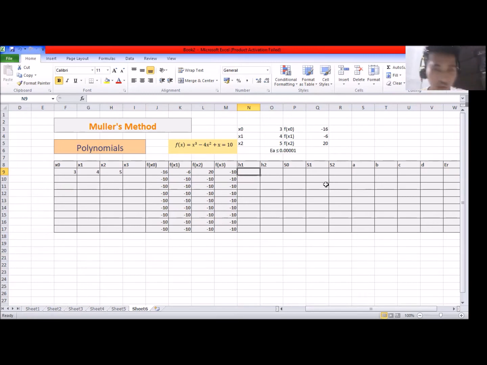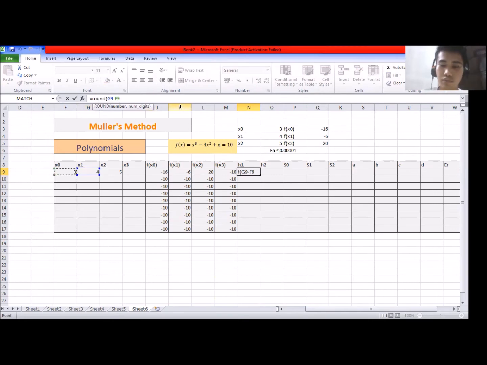The formula for getting the h is x1 minus x0, the subtraction of x of 1 minus x of 0.